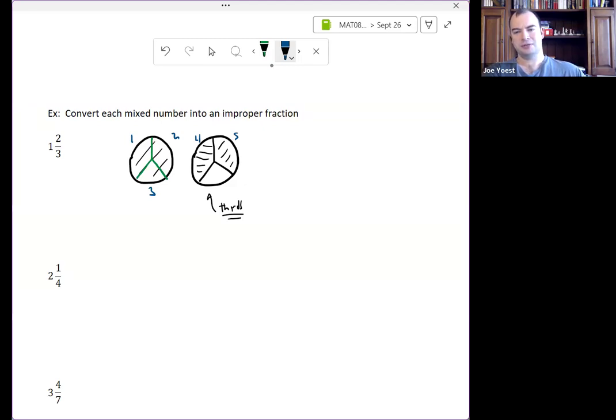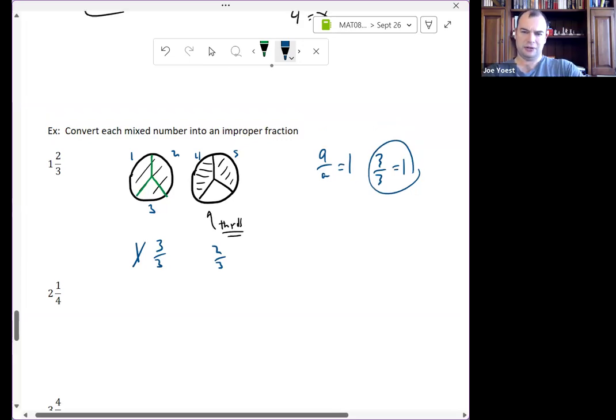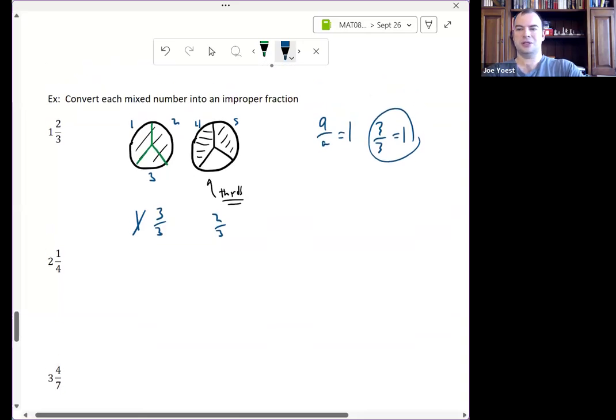Or I can really think of it like 1 plus 2/3. I can think of 1 as 3/3, right? A over A equals 1, 3/3 equals 1. I could convert 3/3 into 1. That's kind of what I did up here. Not with thirds necessarily, but I could go the other direction.